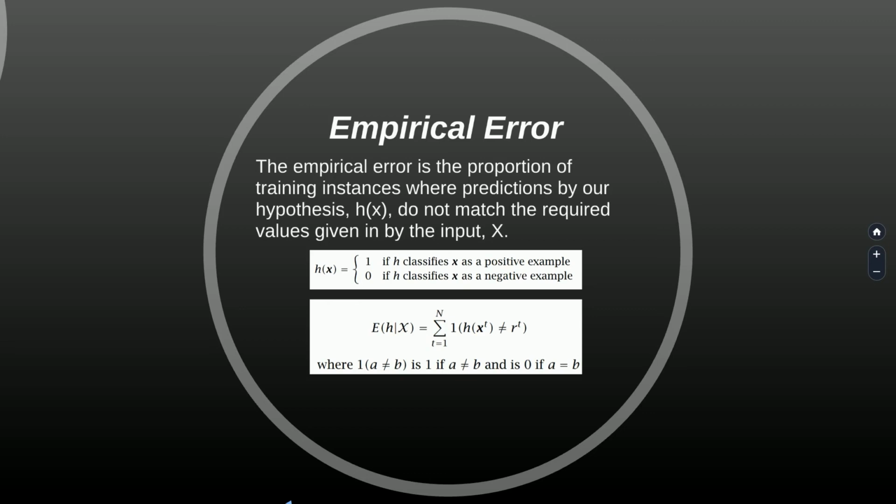And our empirical error e, given our hypothesis and our input data x, is going to be the summation over all of these data points, t going from 1 to n, of this function L, which is 1 if A does not equal B and is 0 if A equals B. So if our hypothesis h of x for a specific point t is equal to r, then we get 0 for the error for that specific point, and we get a 1 if these values do not match.